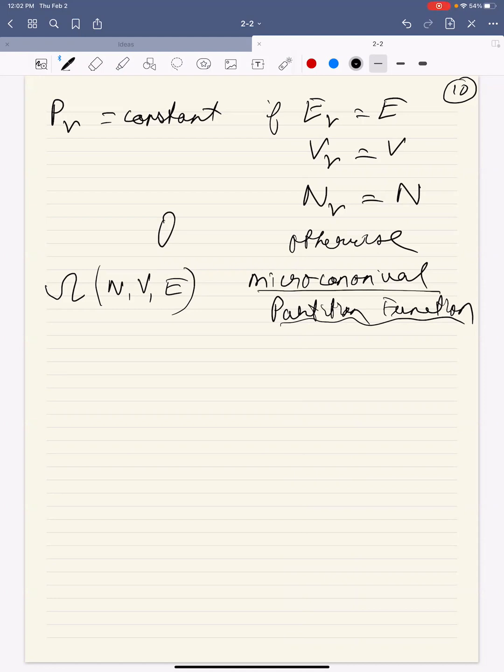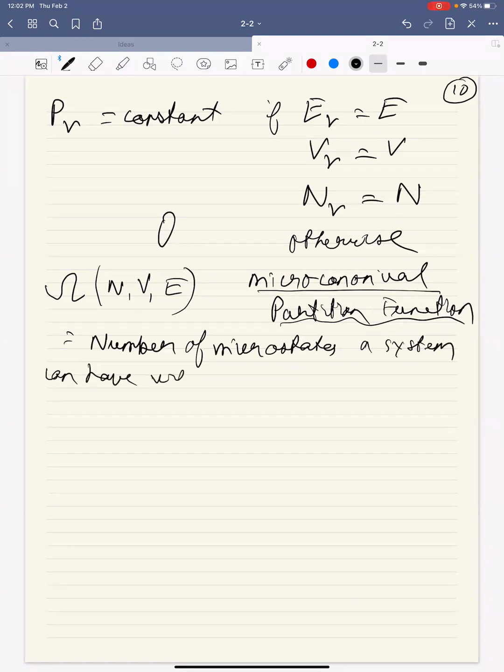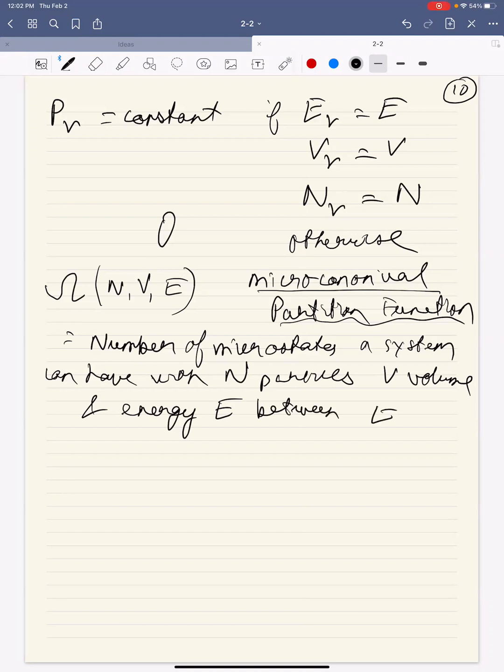So the microcanonical partition function is defined as the number of microstates a system can have with N particles, volume V, and here comes the interesting one, energy E between E and E minus delta E. This is the definition of the microcanonical partition function.